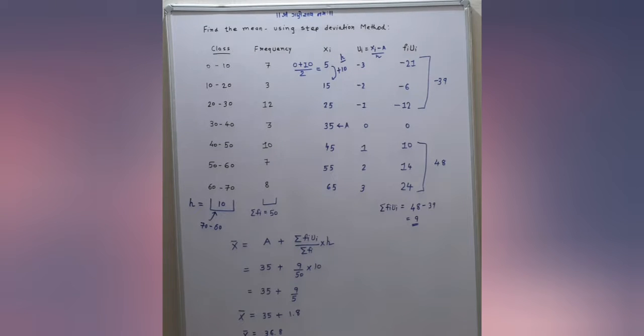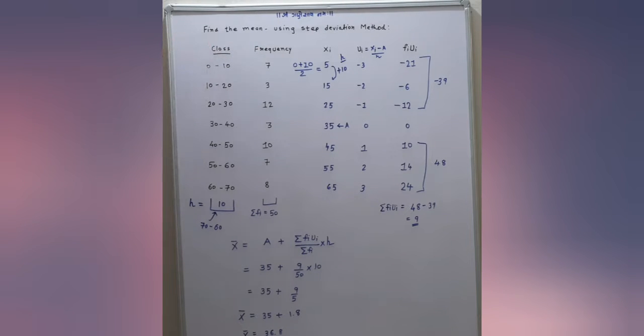This method is very easy compared to the previous two methods. In this method, you have to do less calculation, less multiplication, less addition compared to the previous two methods. We have two things given, like in previous sums, that means class and frequency.